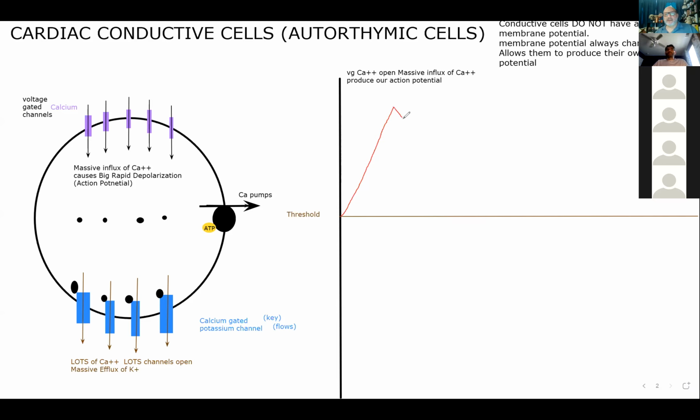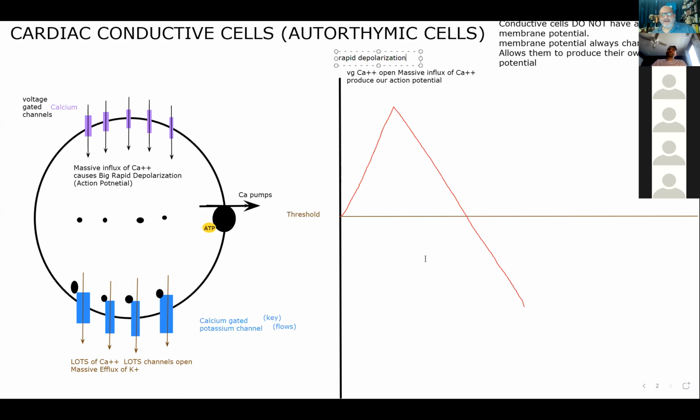We get a massive polarization. So we had first a rapid depolarization. And that rapid depolarization, as we talked about, is due to calcium coming into the cell.